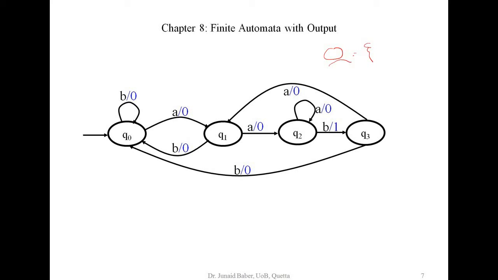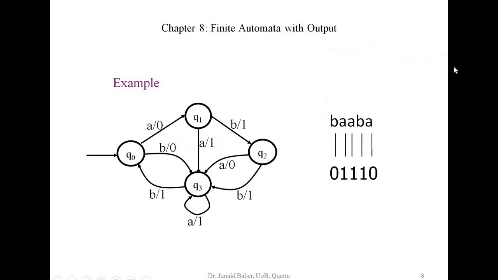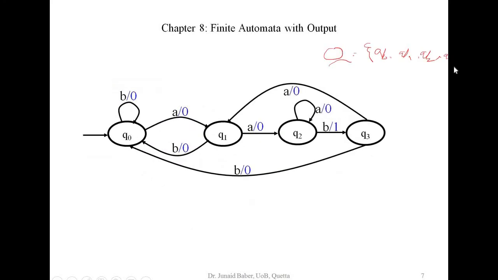Q is Q0, Q1, Q2 and Q3. And what is sigma? Sigma is A and B. What are the output alphabets? Output alphabets are 0 and 1.